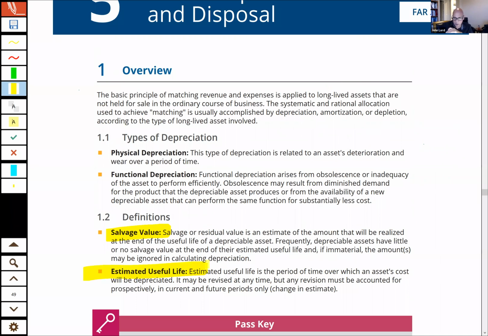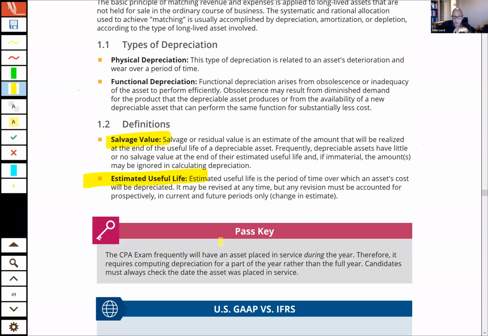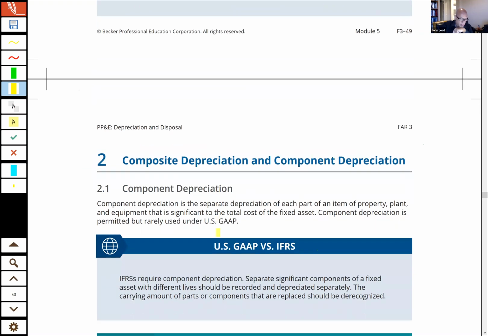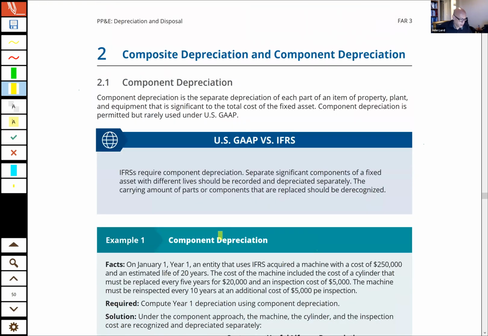And then we will generally, at least for straight line, divide that by the estimated useful life. Either way, useful life will be included in the calculations, and salvage value will be considered in the calculations. Okay, so we'll start to talk about some of the different methods in a minute.